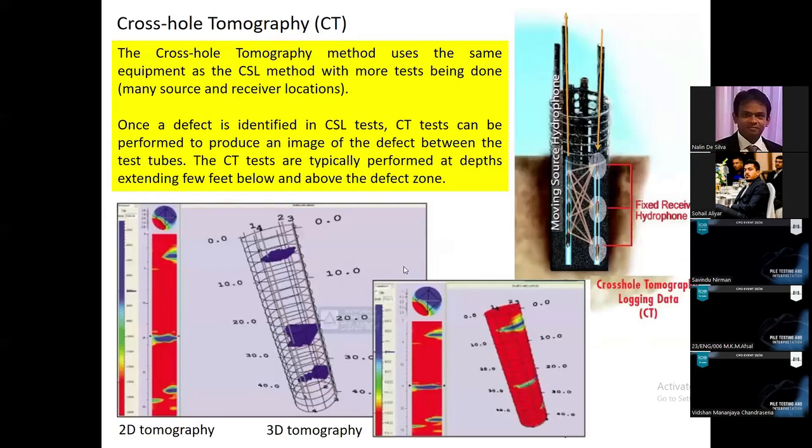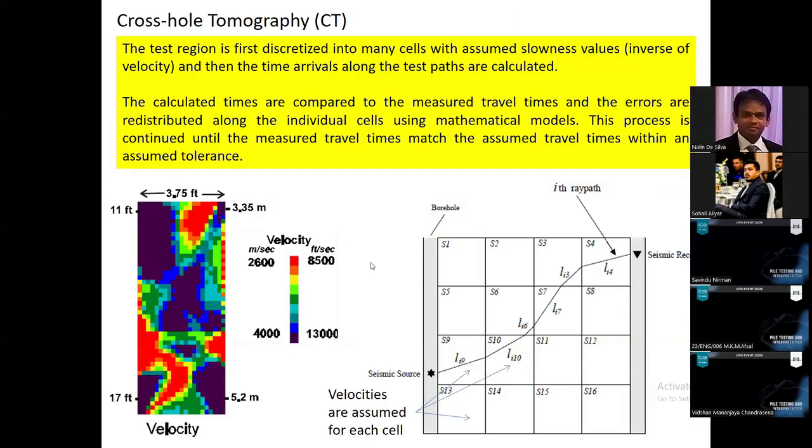Now, what the software does is, let's consider one wave record. This is the borehole, one hole, right? One tube, where you send the transmitter source. And this is the other tube with the receiver.